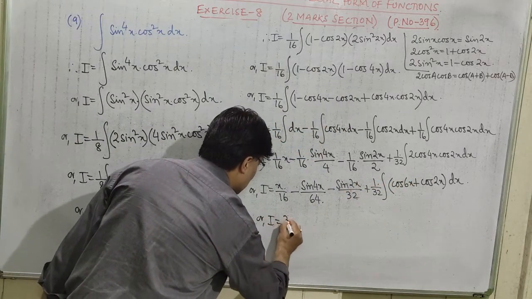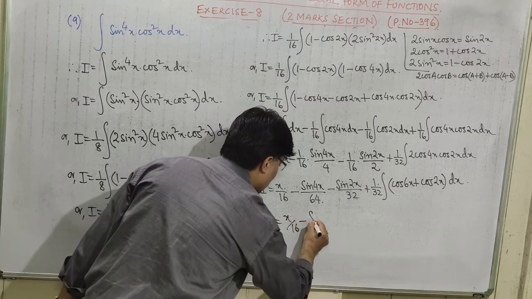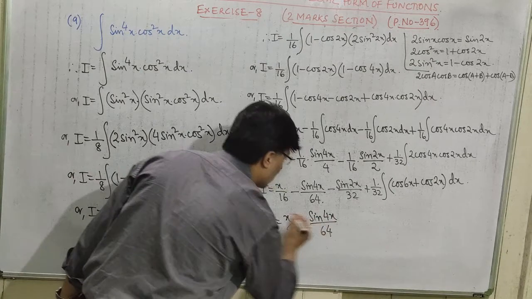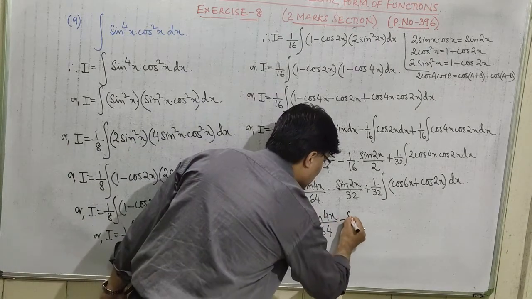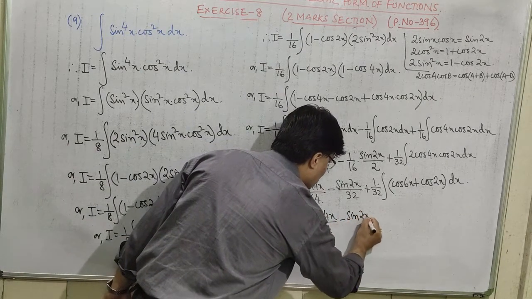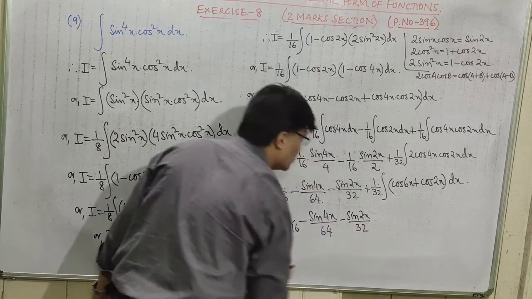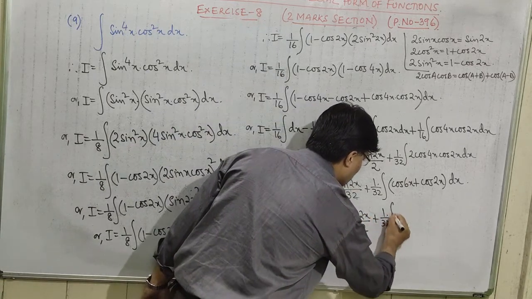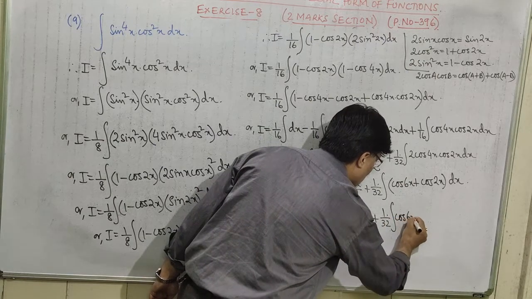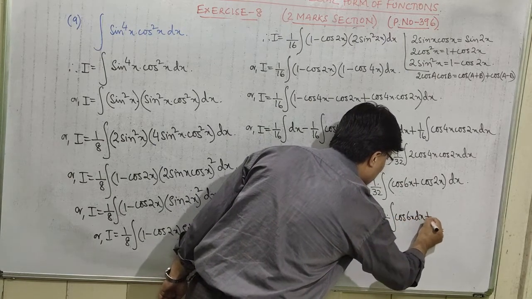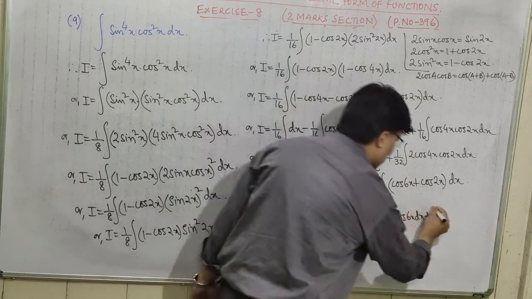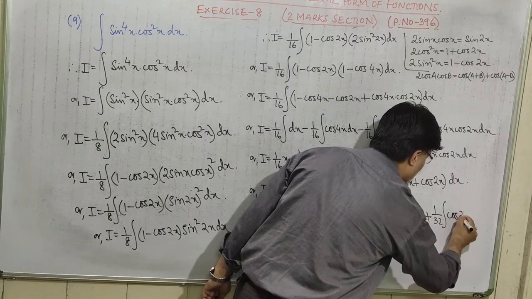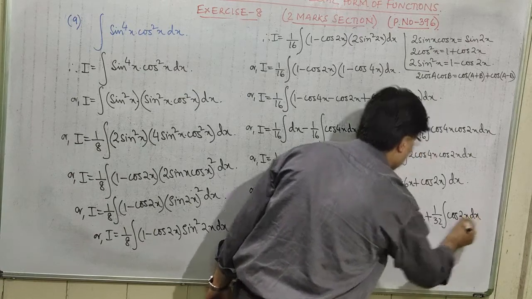So I is equal to x by 16 minus sine 4x by 64, right? Minus sine 2x by 32 plus 1 by 32 integration of cos 6x dx plus 1 by 32 integration of cos 2x dx.